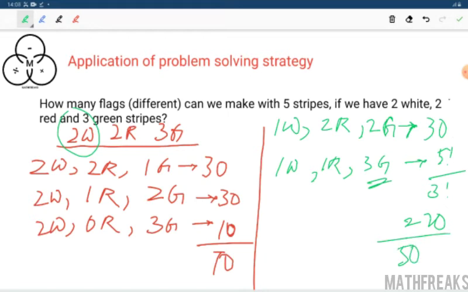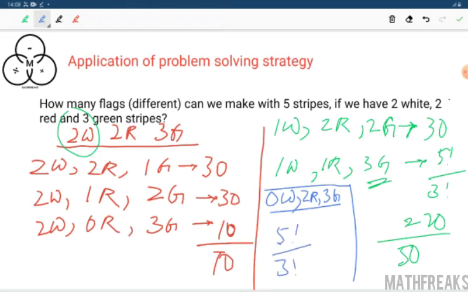Now 0 white. Okay, last case. 0 white, 2 red, 3 green. Then this is 5 factorial over 3 factorial, 2 factorial, which is 5 into 4 over 2, 10 possibilities.